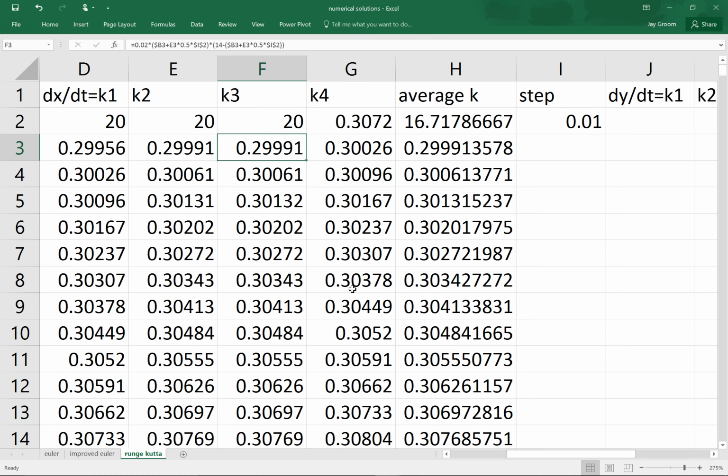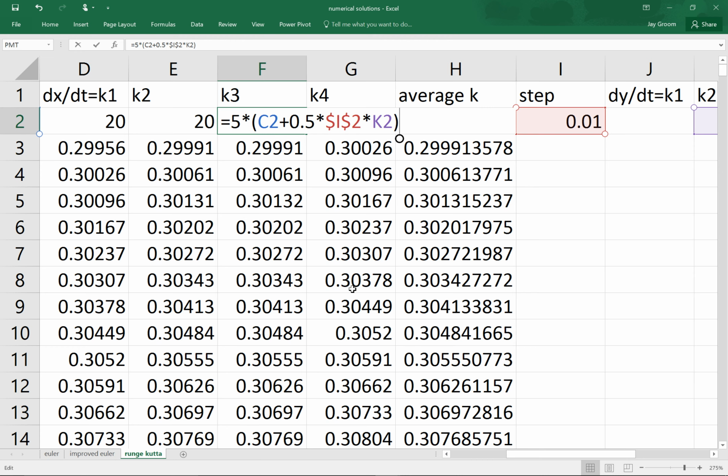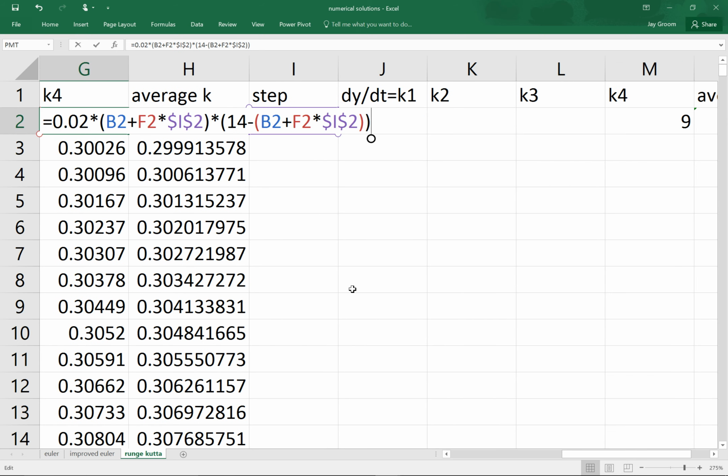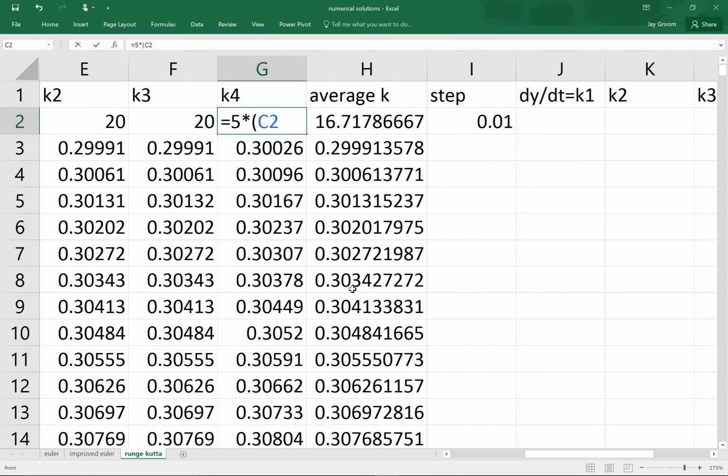Now, again, the first slope is just 5 times the y. This guy is 5 times the new y. This one is 5 times the new y, but notice how they're based on always one less than the slope. So the third one's based on the second slope. Now the fourth one is going to be based on the third slope. But it's going to be like this. It's going to be 5 times, again, the original y value plus a full step this time though.